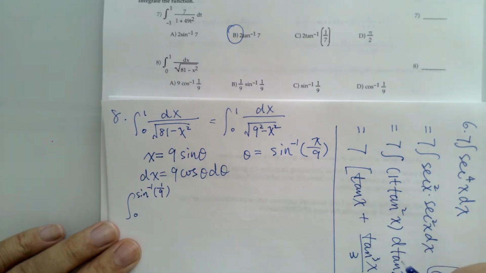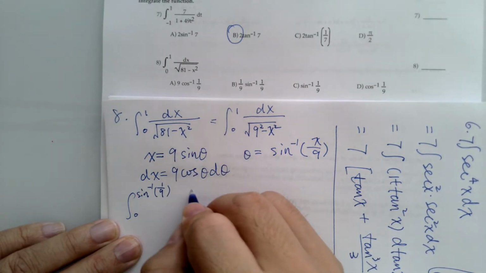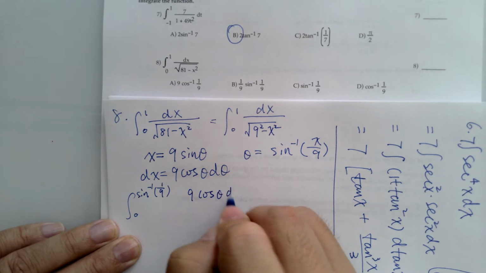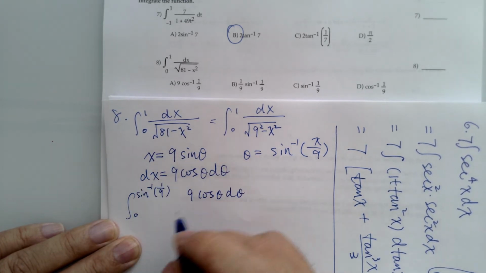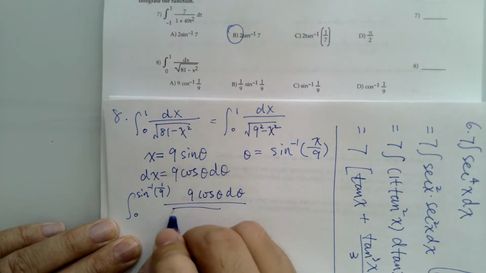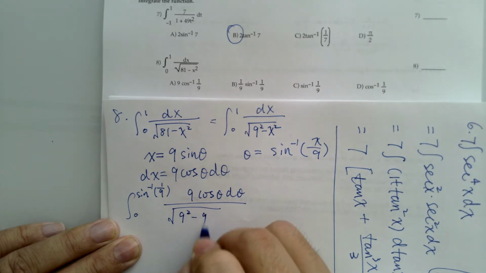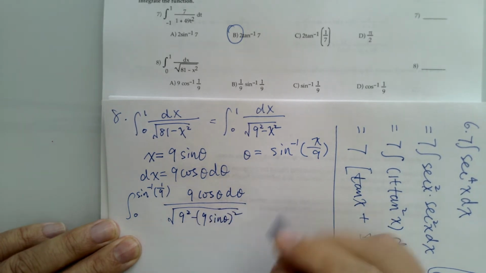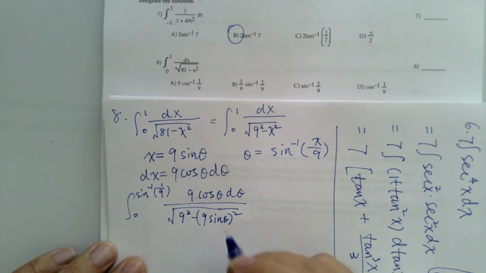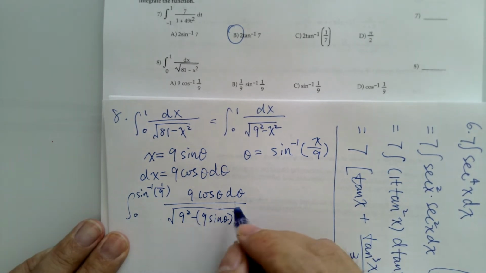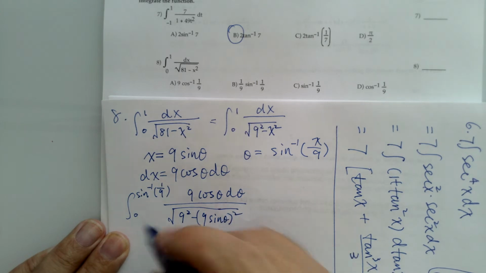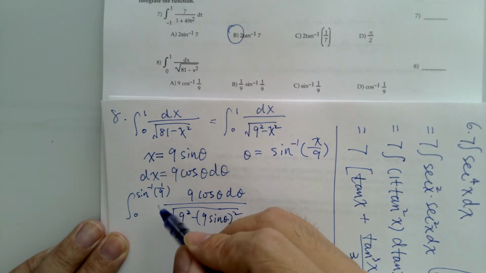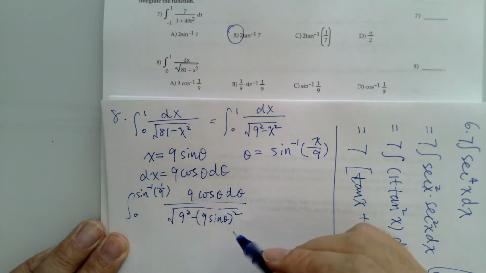And then dx is 9 cosine theta d theta, right? We have it here. On the bottom, 9 squared minus 9 sine theta squared. So eventually you will see that on the bottom, it's going to give you 9 cosine theta here, because all this part is going to be positive.